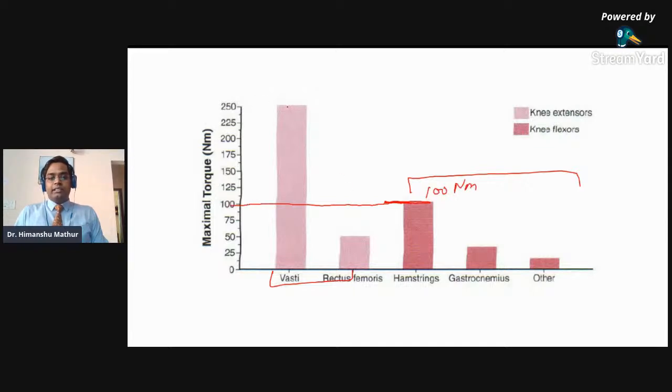The vastus group alone gives 250 Newton meter. Conjointly, the vastus group and the rectus, which gives again 50 Newton meter, bring the total torque generation by the extensor group to nearly 300 Newton meter.